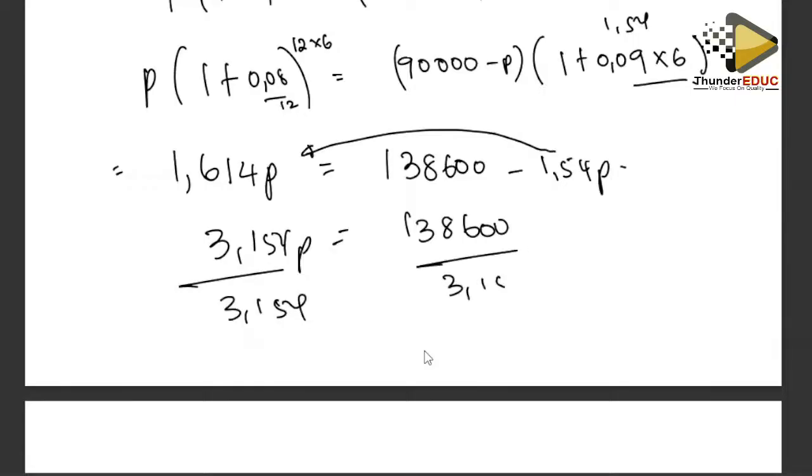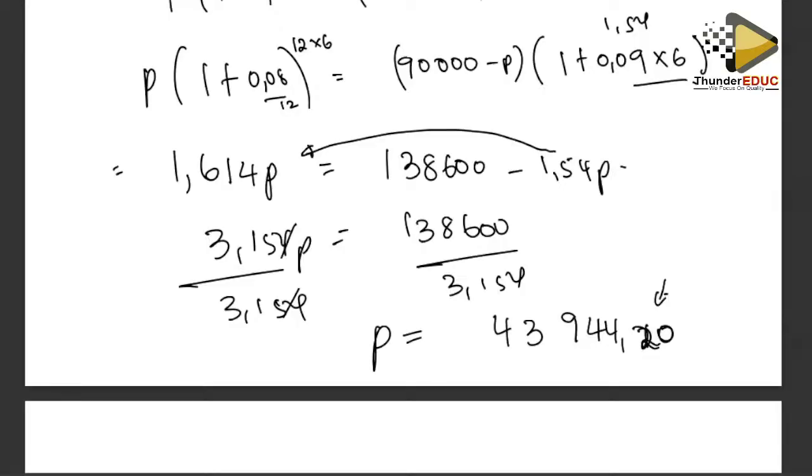Okay, so how much was invested initially? 138,600 divided by 3.154 gives me 43,944.20. Okay, so this was for the compound.